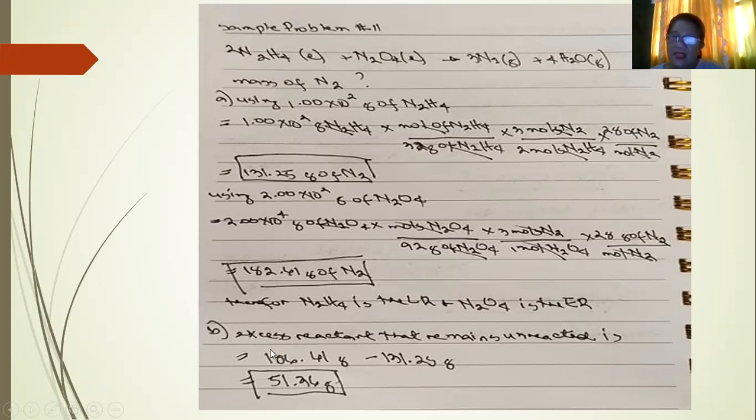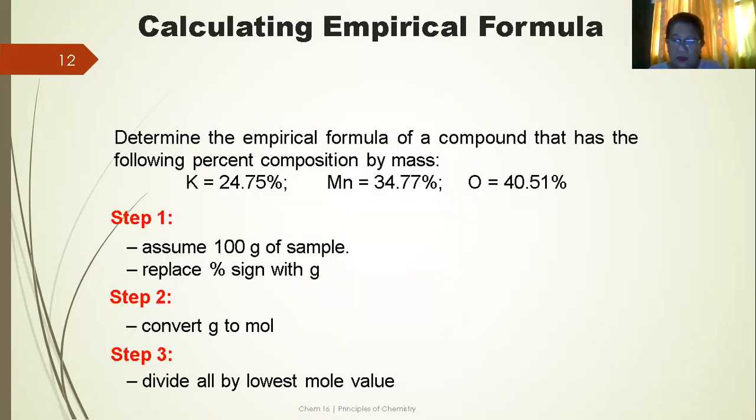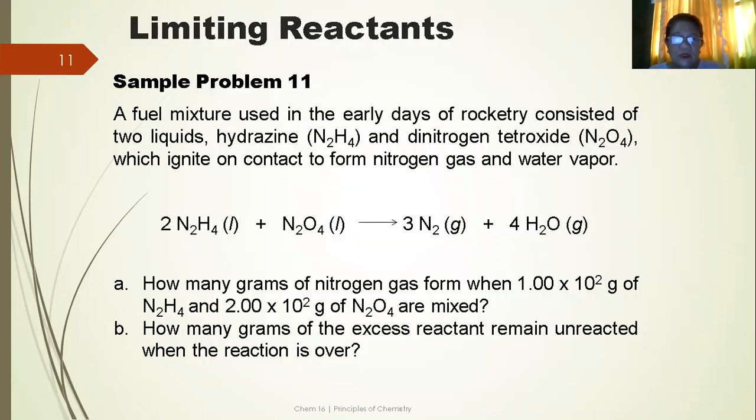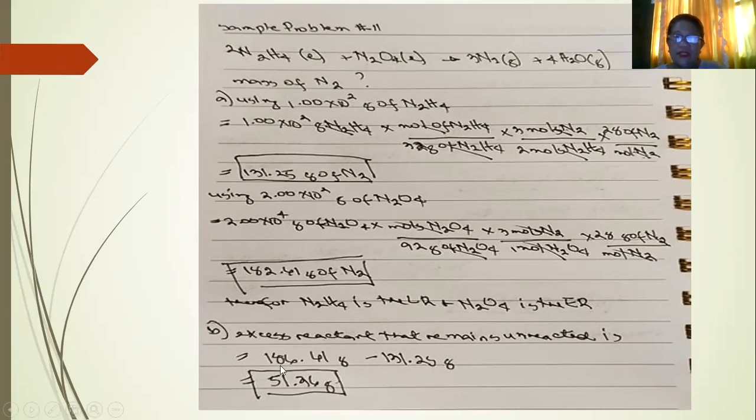Excess in letter B, excess reactant that remains unreacted is the given 186 as 186. Oh, that's the one. Let's go back. No, that is it. Oh, it's not 186, but 182.